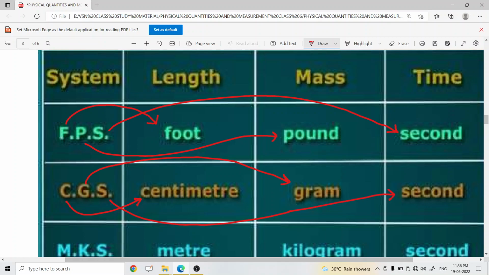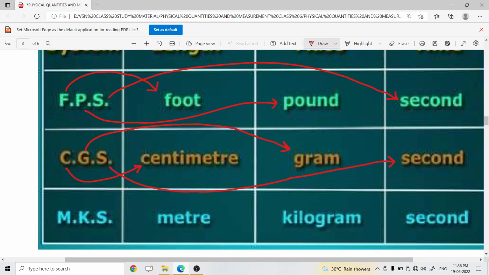The last one, MKS: M means meter, K means kilogram, and S means second.